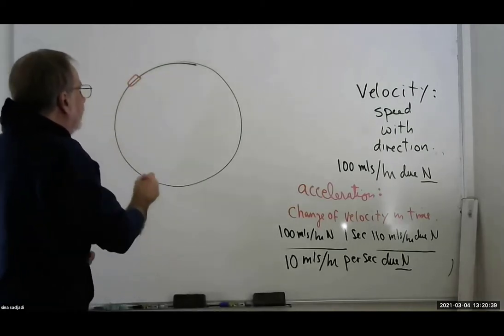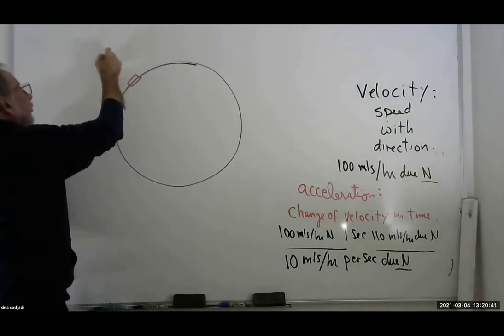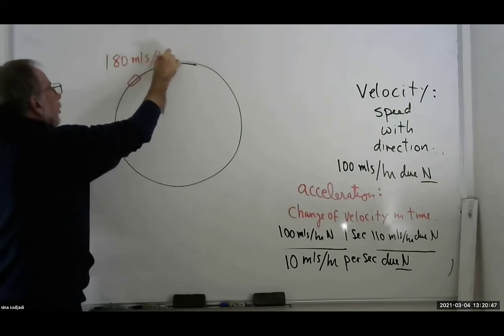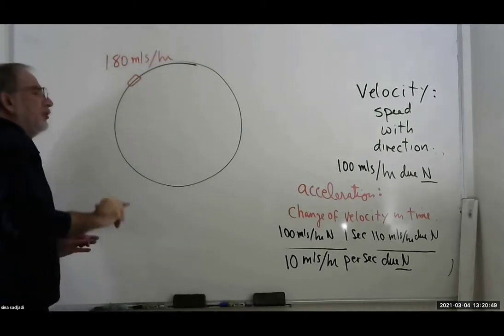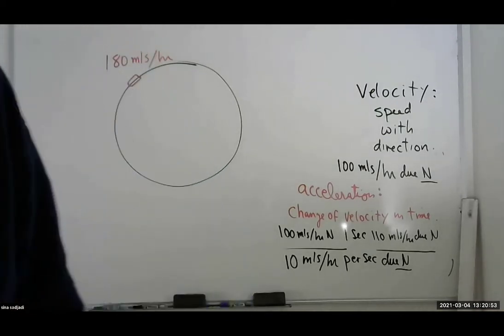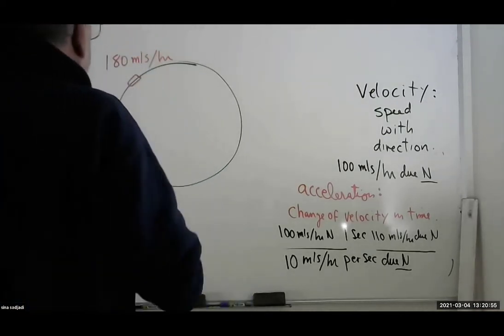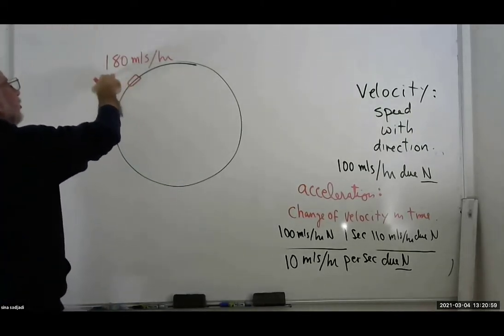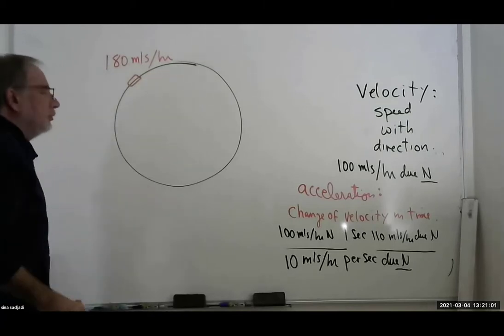And here is a car. And it's going at, let's say, 180 miles per hour. Constant. It doesn't change the speed. It's not going faster or slower. Is that car accelerating if it keeps its speed constant?